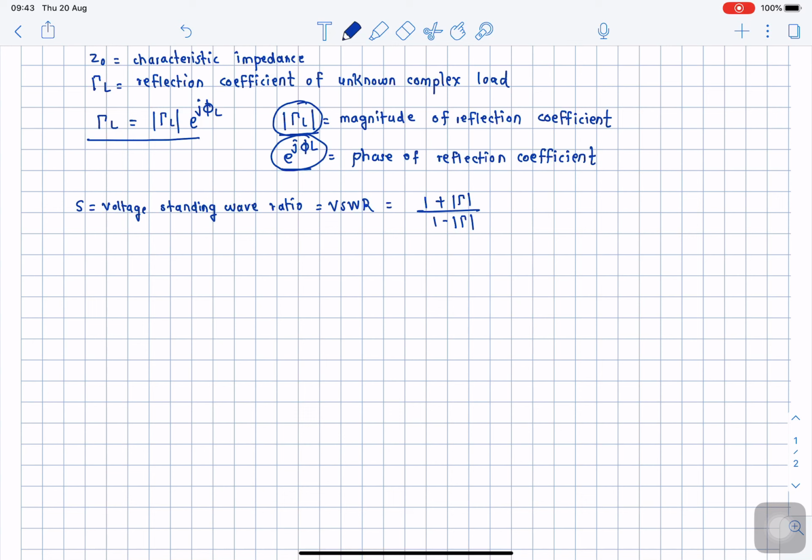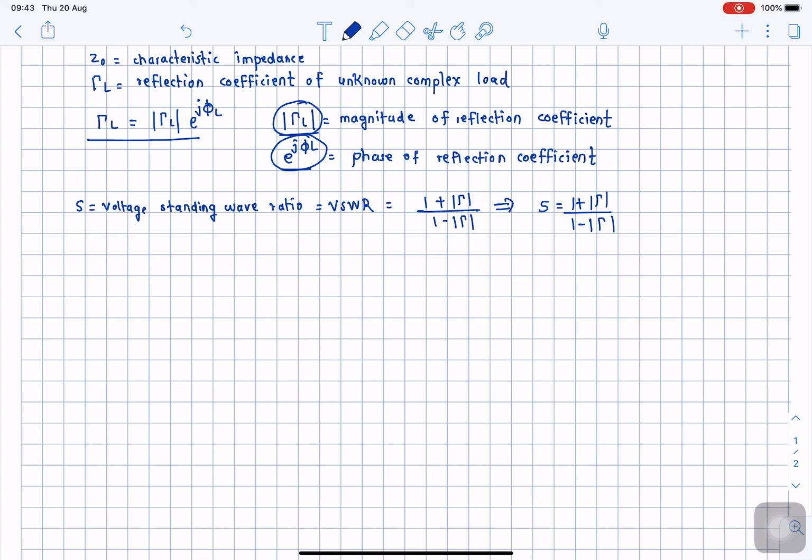Now from this we can rearrange the equation in terms of the reflection coefficient.